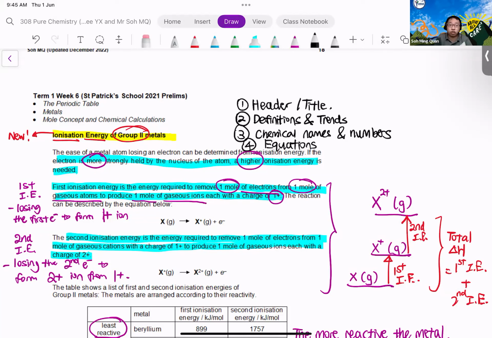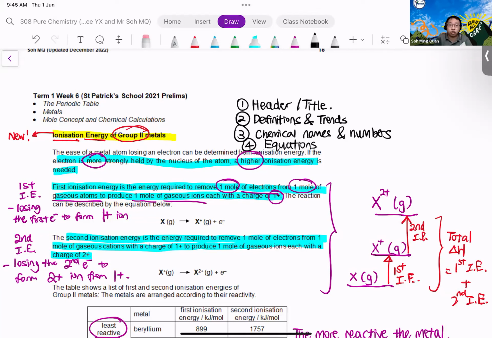But now let's look at the graph. Beyond just highlighting the trend that you have memorized, does the graph support this trend? Is it true that the more reactive the metal is, the higher the temperature needed?